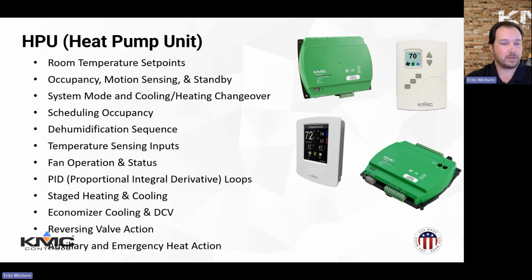You can have compressor lockout, third stage of heat, or it's just disabled. We also have an emergency heat mode that's manually switched when the controller locks out of compressor outputs and controls the emergency heat on and off based on space temp. So that's our heat pump unit.